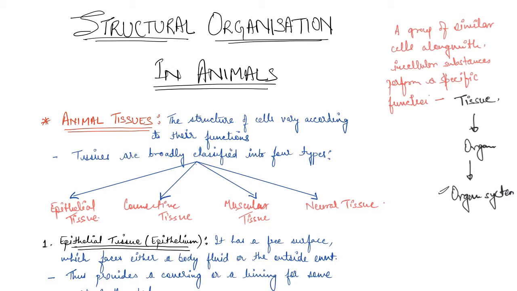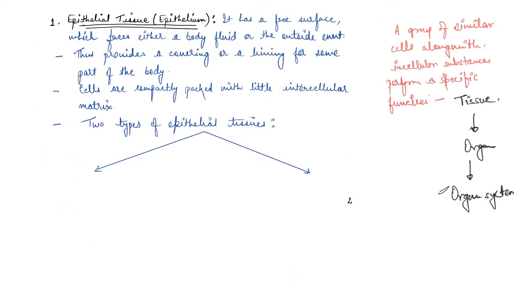In today's video, we are going to study all about the first one, which is the epithelial tissue. It comes from the word epithelium. Now, this tissue has a free surface and it either faces a body fluid or the outside environment.